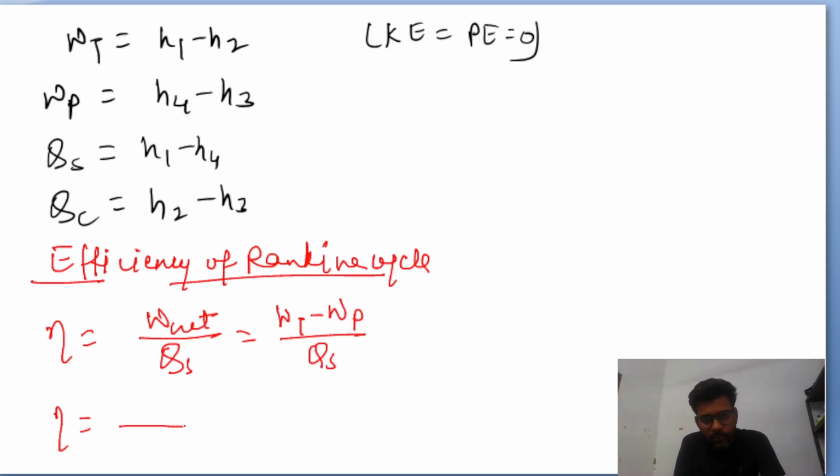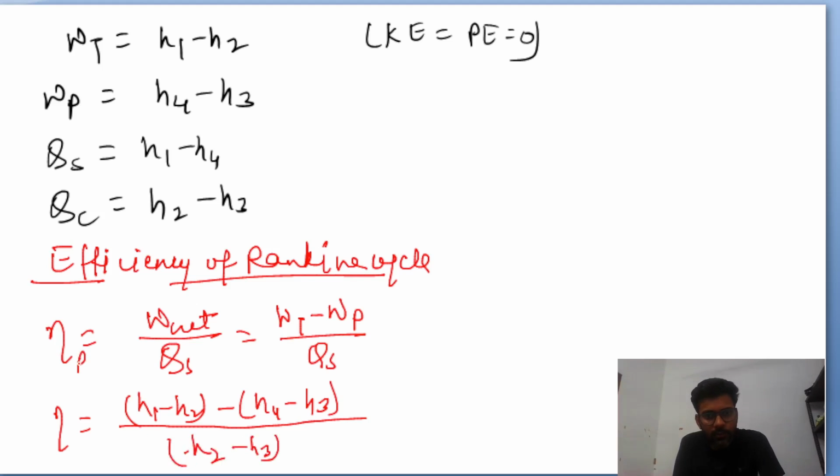So this is turbine work, which is H1 minus H2, minus pump work, which is H4 minus H3, on the heat supplied. This is the efficiency of the Rankine cycle.